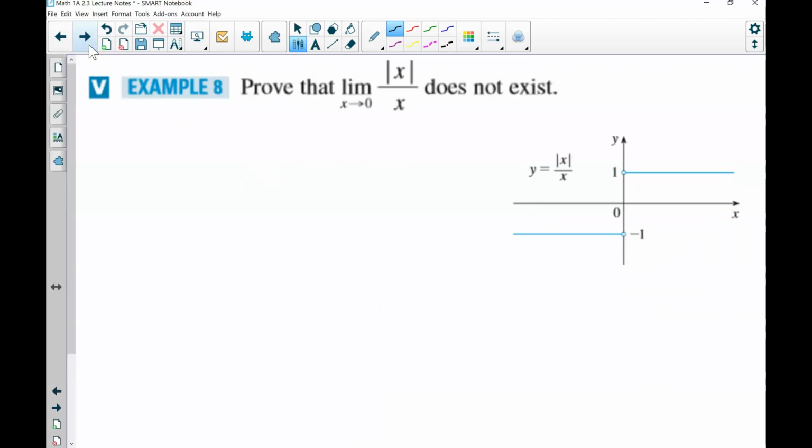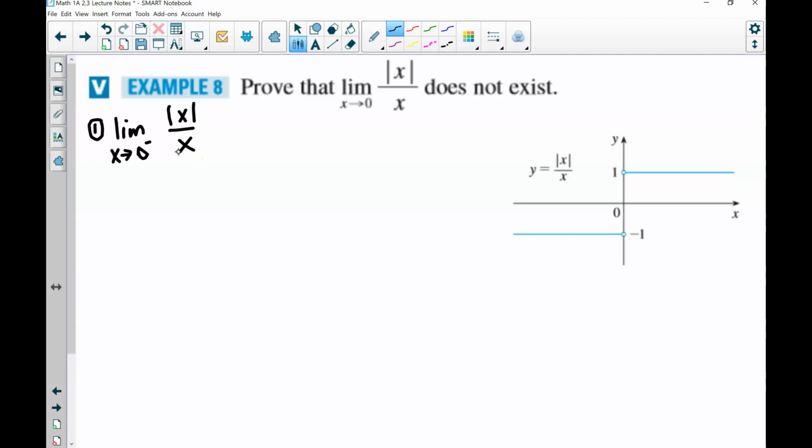Now let's take a look at example number 8, where we want to prove that the limit as x approaches 0 of the absolute value of x divided by x does not exist. Let's start with the left-hand side. We want to take a look at the limit as x approaches 0 from the left of the absolute value of x divided by x.